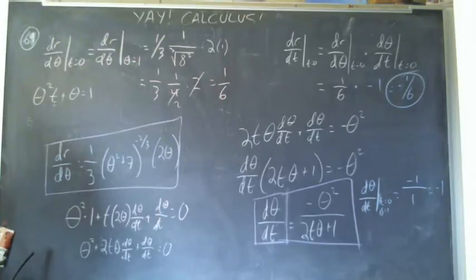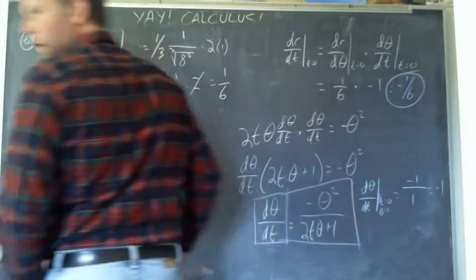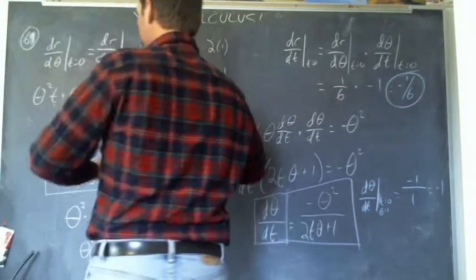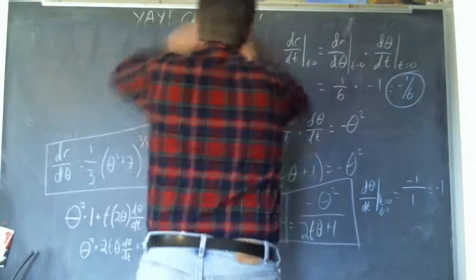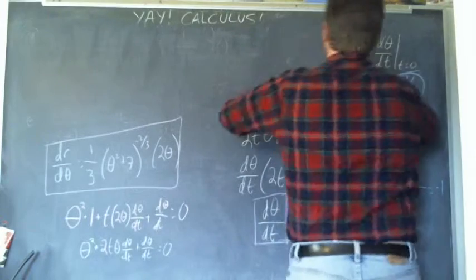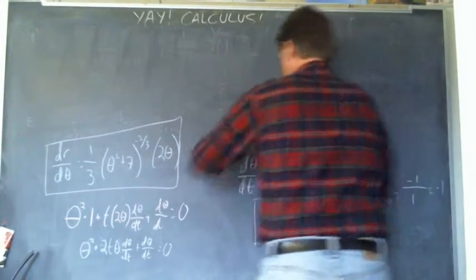All right. Particle motion. The position at time t greater than or equal to 0 of a particle moving along the s-axis is given. We're moving along the s-axis, so that means we're doing a one-dimensional motion with respect to time.